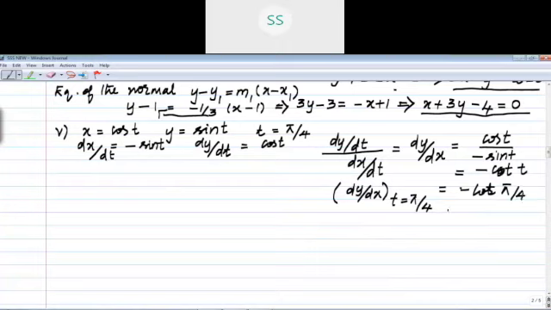What is cot pi by 4? That is 45 degrees. You will get it as minus 1. This is your m.